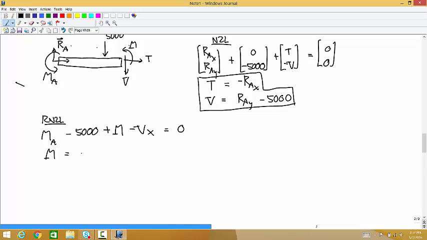So M is equal to negative MA plus 5,000 plus Vx, and that is RAYX minus 5,000x plus 5,000 minus MA.